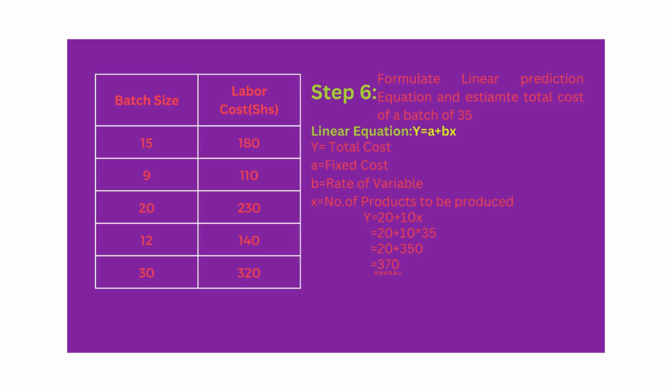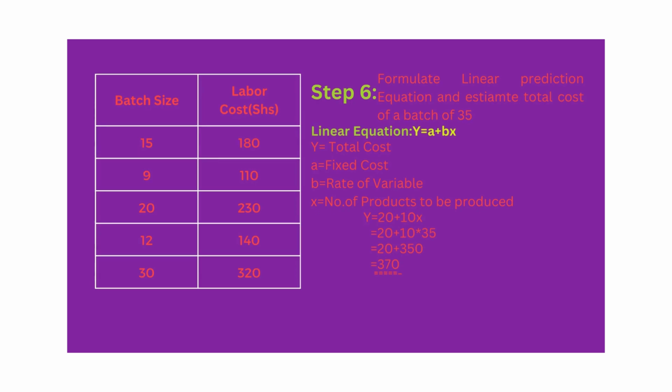But in the second part of what we are required, we are told to estimate the total cost of a batch of 35. So we go further and replace x, because we are given 35, which is the batch for which we are required to estimate the total cost. So it will be 20, the fixed cost, plus 10, the rate of variable, multiplied by the number of products we want to produce, which is 35.